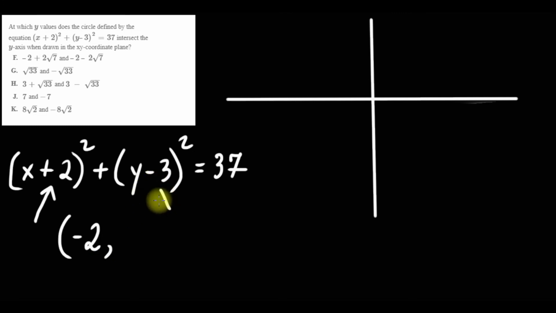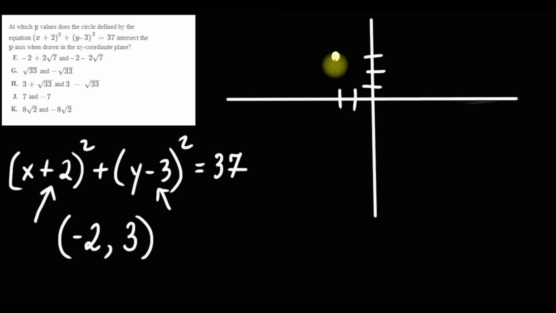And for the y coordinate, it's the opposite of negative 3, which is positive 3. So the center of this given circle is at (−2, 3). So negative 2, 2 to the left, and then up 3. Okay, so here's the center of the circle.